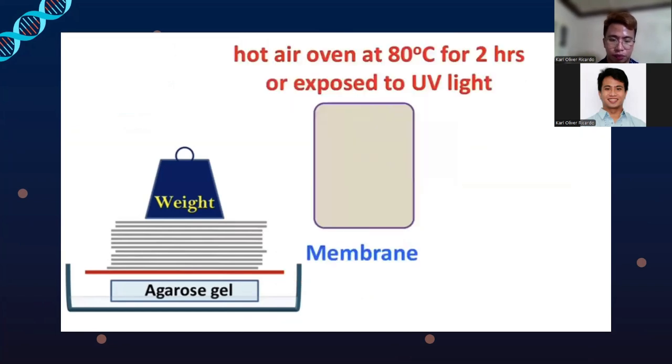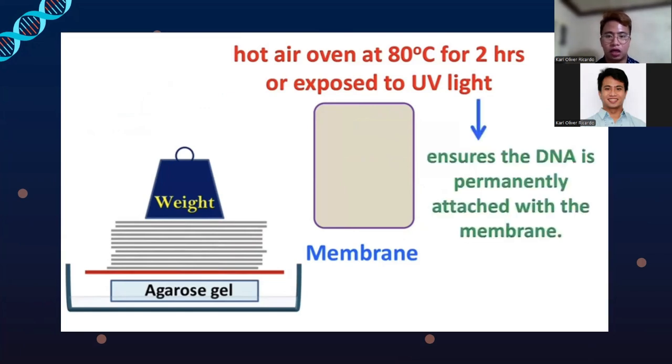So the membrane is now heated in a hot air oven at 80 degrees Celsius for 2 hours or exposed to UV light. This ensures that the DNA is permanently attached to the membrane, otherwise it may attach to other fragments.